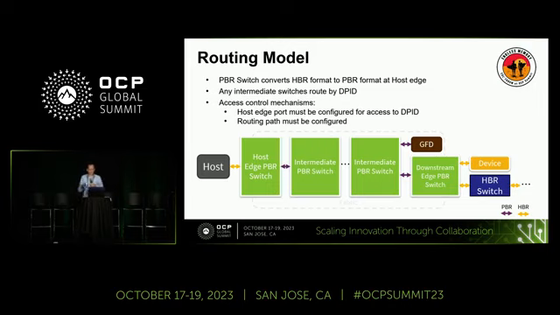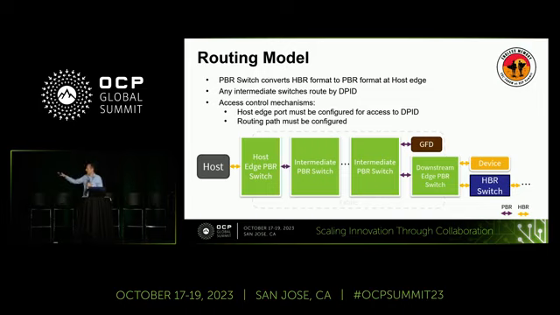So if you look on the far left, you've got a host connected to, as I said, the host edge PBR switch. And color-coded here, we have the FLIT format for those links. So the host is operating in the legacy CXL mode, what we call host-based routing or HBR. It doesn't actually know it's talking to a CXL fabric, and that's by design. We don't want it to have to comprehend that complexity.